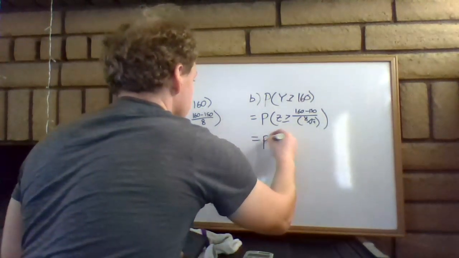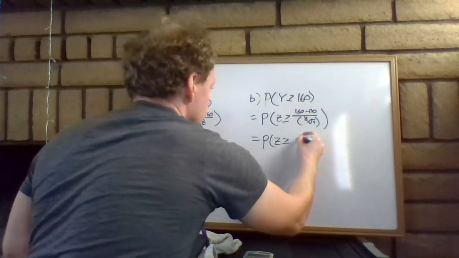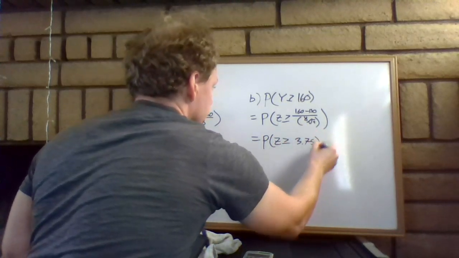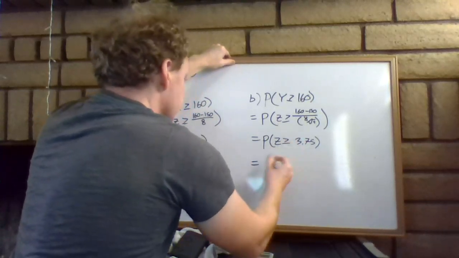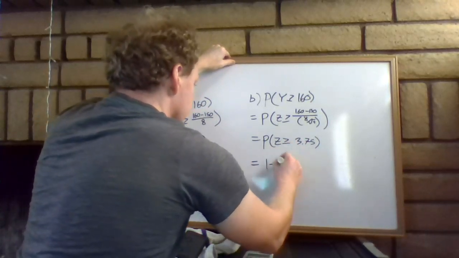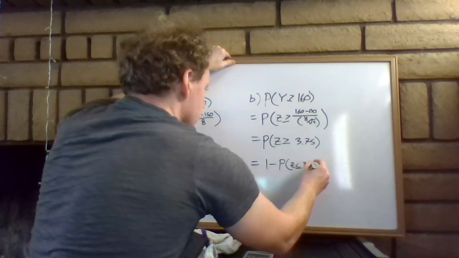So the probability that z is greater than or equal to 3.75. All right, and then changing this, so we flip the sign around, it's 1 minus the probability of z is less than or equal to 3.75.